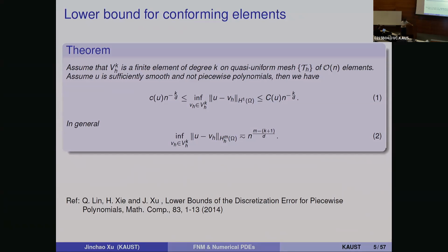This is an upper bound, and you can actually prove it's a lower bound. This is something I wrote a paper on some years ago. If the solution you approximate is not actually in the subspace, the lower bound holds, so it's optimal. Anyway, this is the finite element theorem.